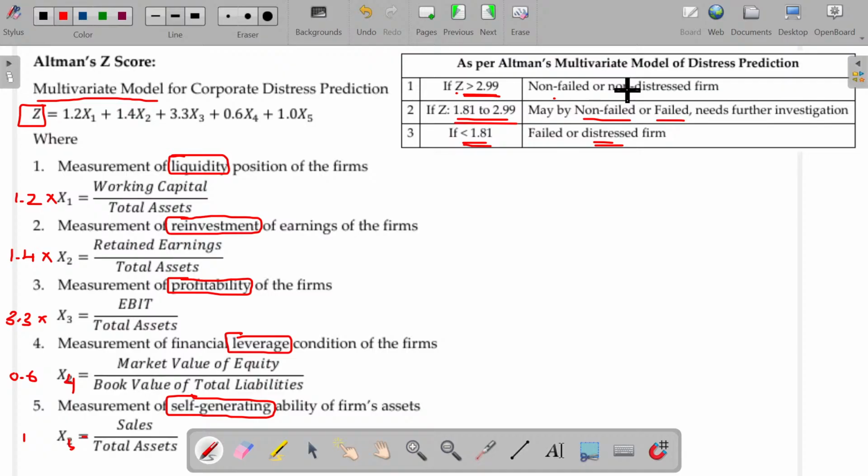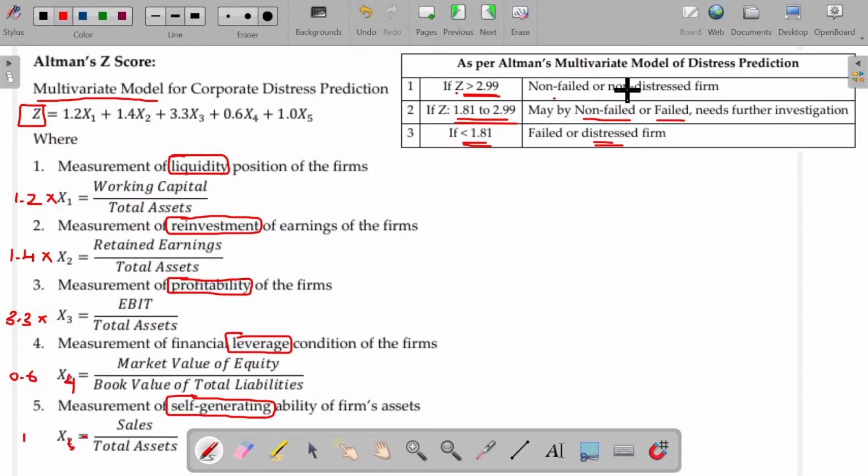So here, in the Altman Z-score model, you have to compare the 5 aspects. What are they? Liquidity, reinvestment, profitability, leverage, and self-generation ability of their investment made in the form of sales growth. After calculating all these values, you assign a weightage for each and every aspect.